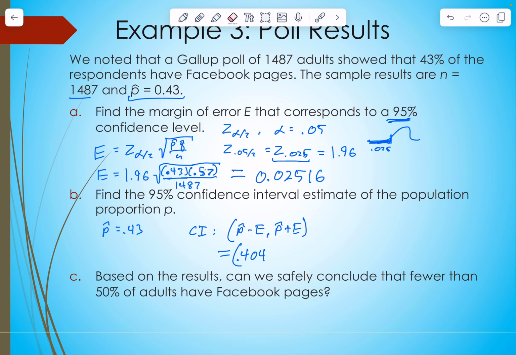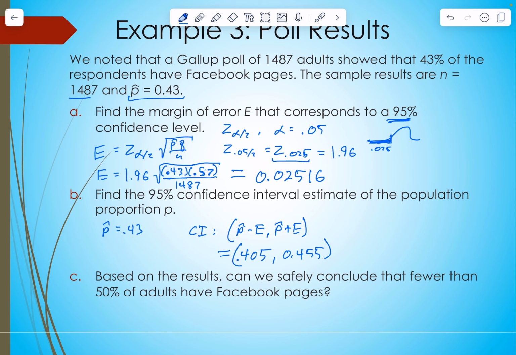Let's see now, 3 significant figures is what it said, so I better make this a 5. Okay, comma, now add, 0.455, and that's it. And so that's my confidence interval.